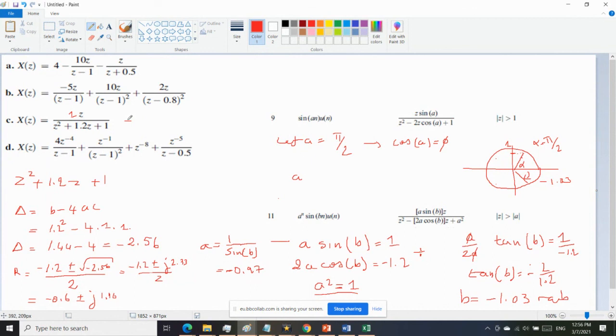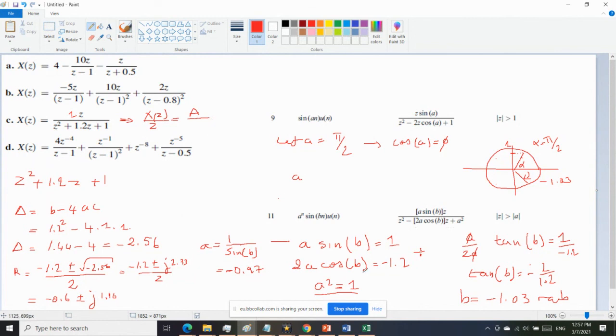If you want to find the inverse, we need to convert this into partial fractions.